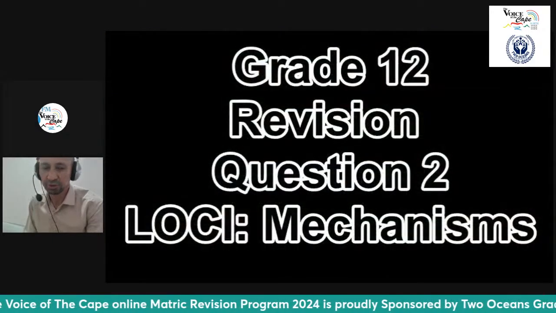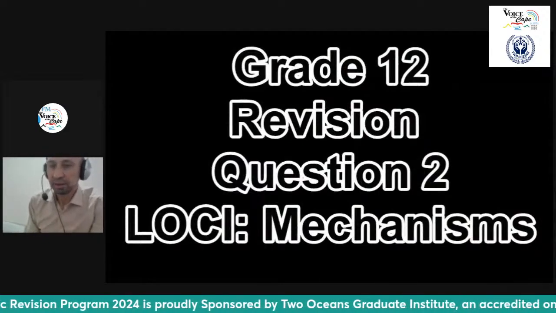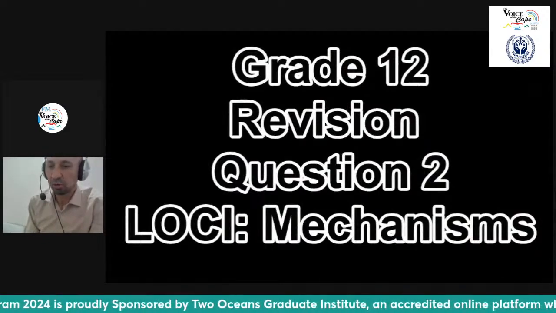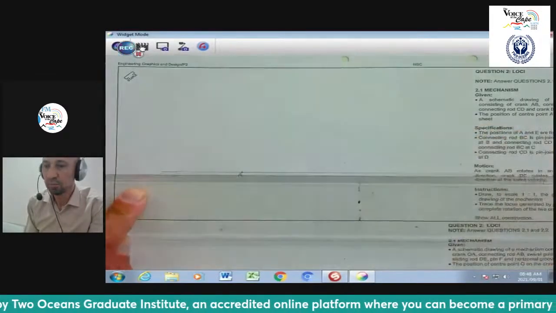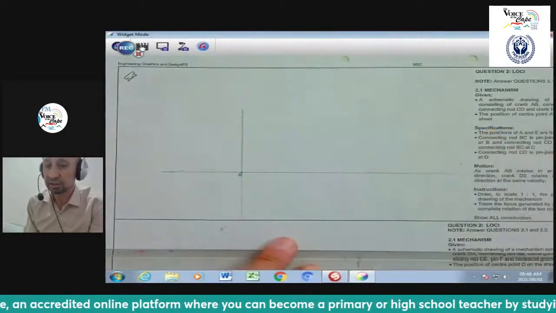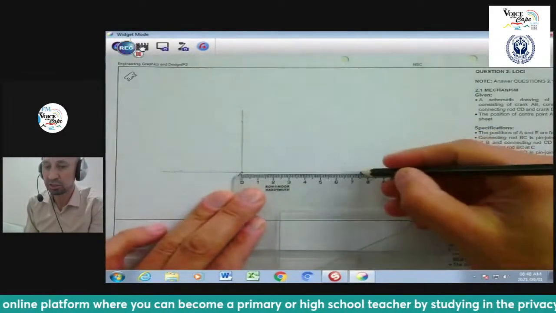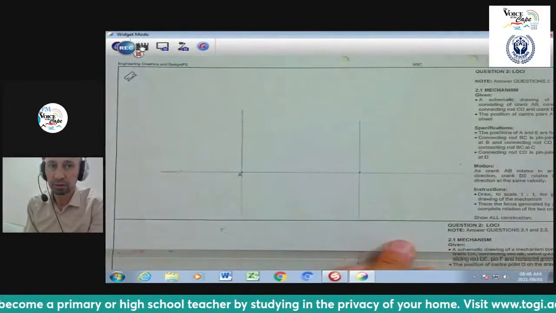So the first thing that you're going to do here is redraw both cranks. So I start at A. You will see that there I measure my distances away, right?